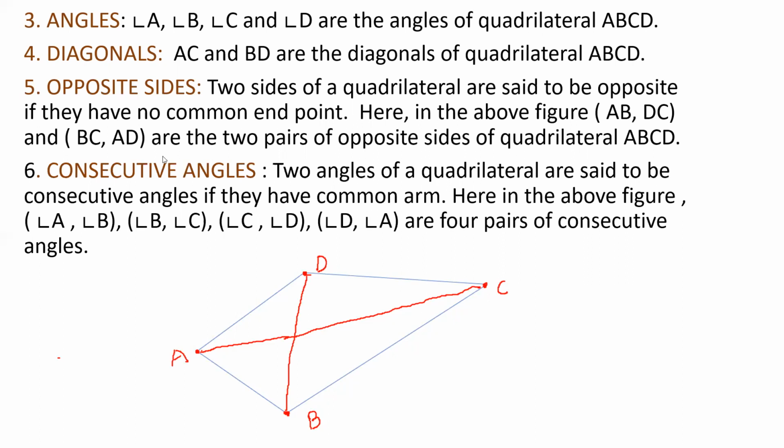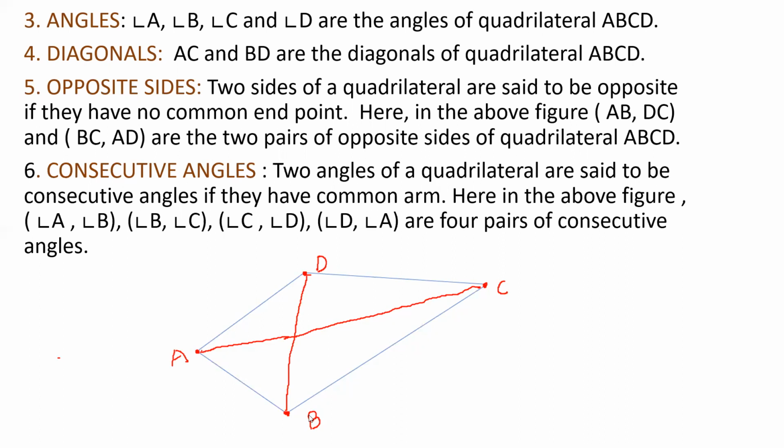Now consecutive angles. Consecutive means adjacent, near to each other, having one common arm. So here angles A and B have the common arm AB, therefore these are consecutive angles. Now A and C do not have any common arm, so these are called opposite angles.